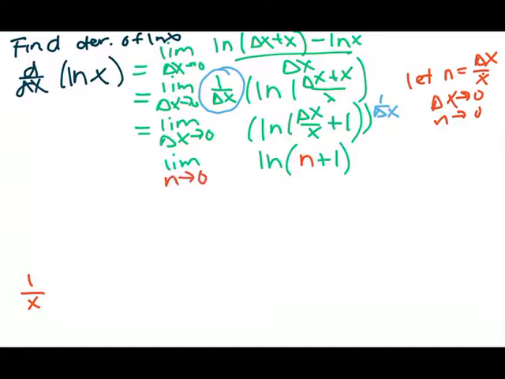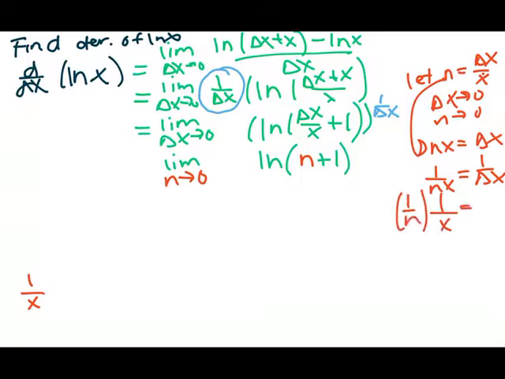And then 1 over delta x, so actually let's take this and multiply both sides by x, so that's going to give me n times x equals delta x, and I can take the reciprocal of both sides, and this is also the same thing as breaking this into two separate terms.